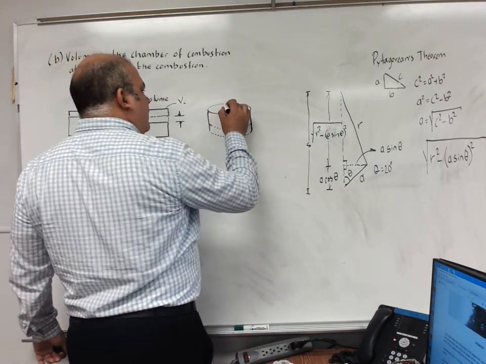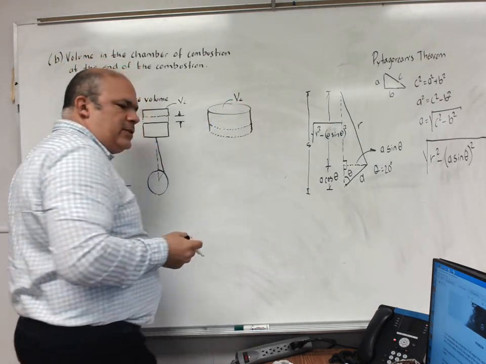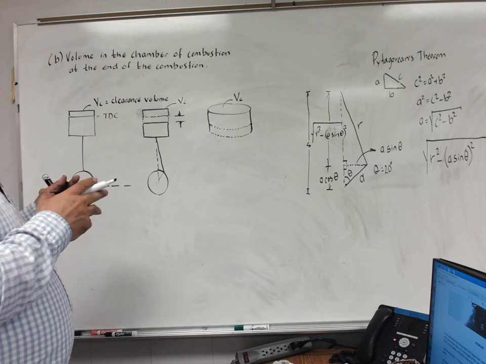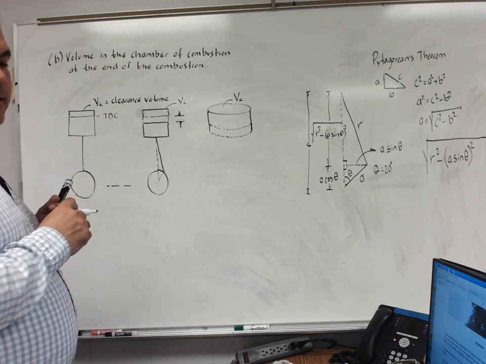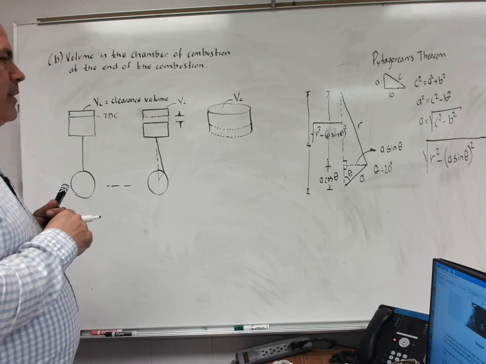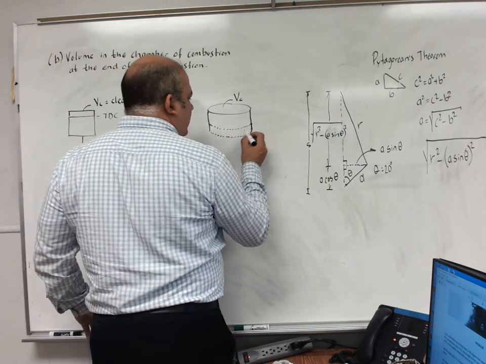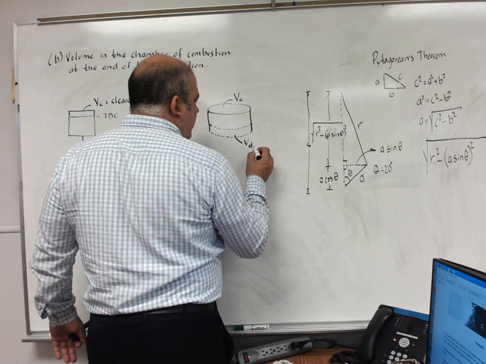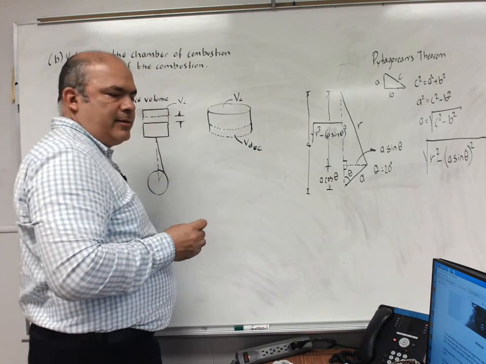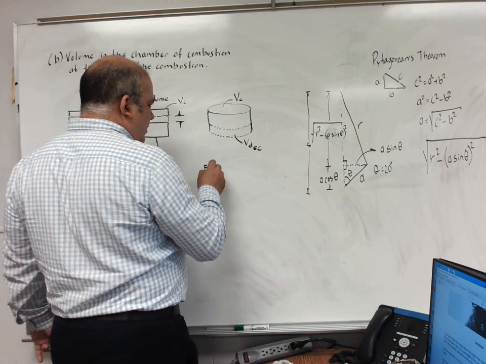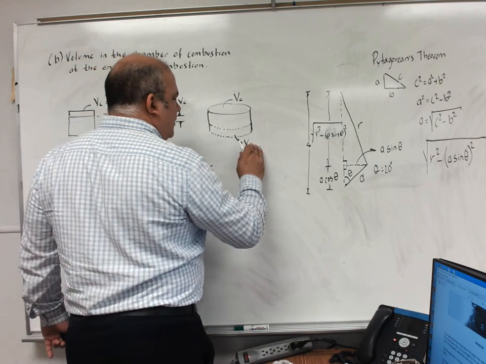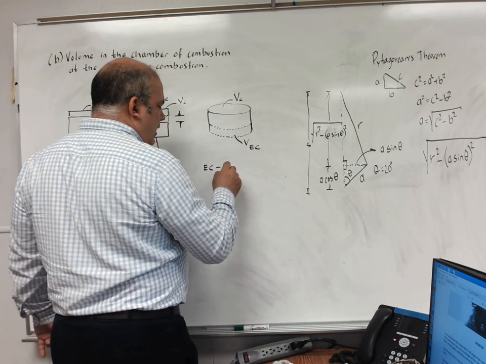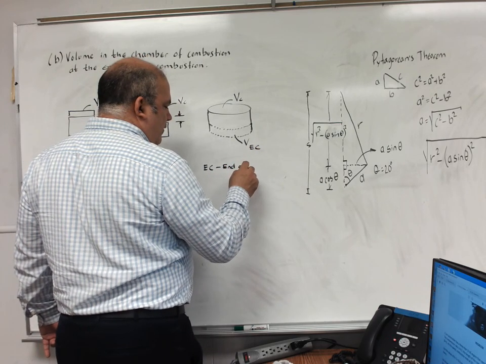So we have VC. This one is already calculated in class, in previous problems; in the same problem we did it in class. And this value of displacement, I call it EC. EC means, let me write it, instead of D, just EC. It's end of combustion.